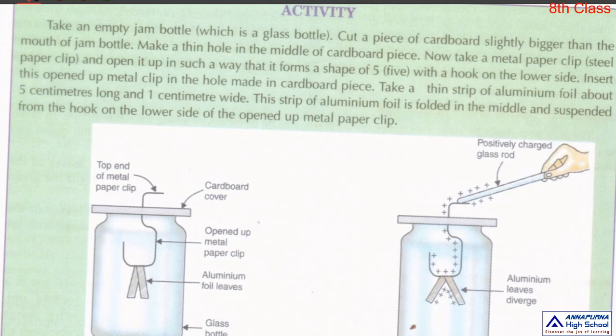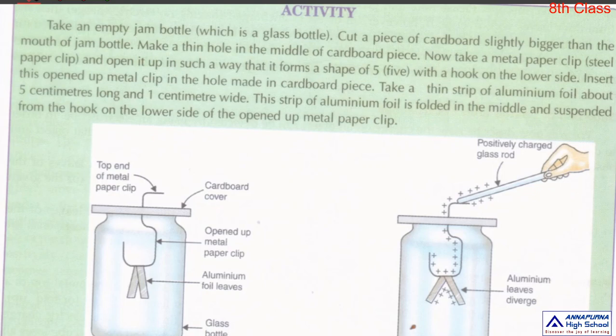The materials required are a glass bottle, it is better to take a jam bottle, and a paper clip, an aluminium foil and a cardboard sheet. These are the materials required.